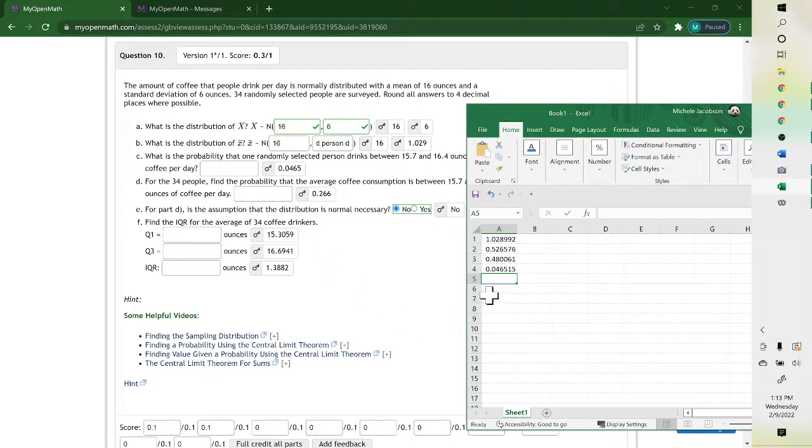Part D, notice the difference between the two. This one says one randomly selected person. This one says 34 people. So it's a sample.